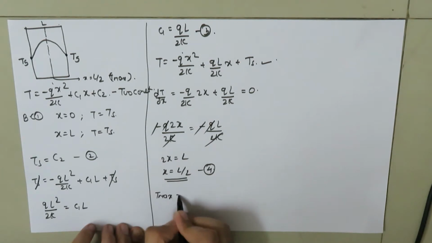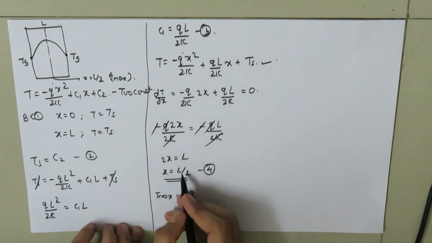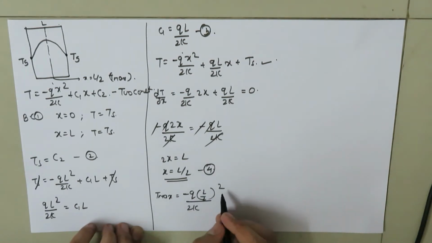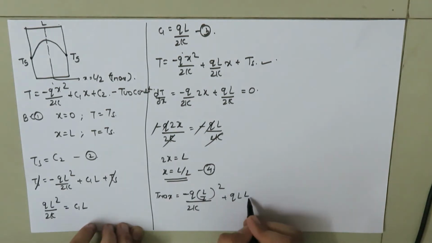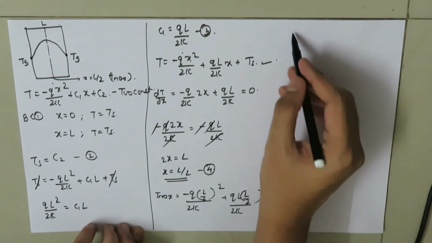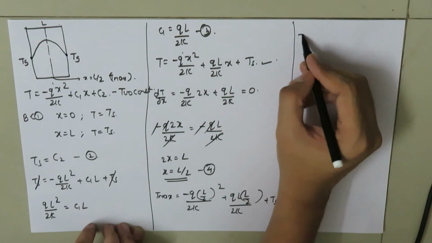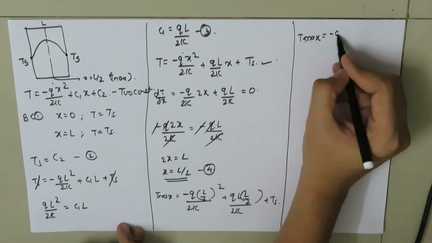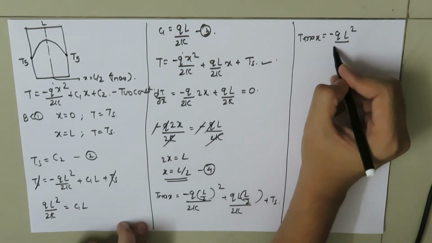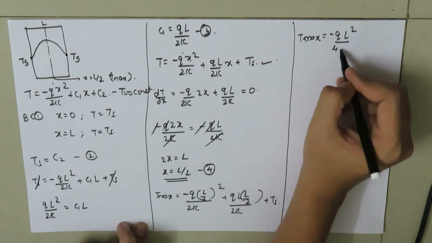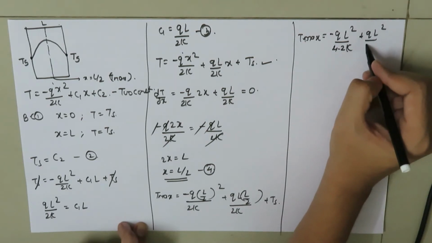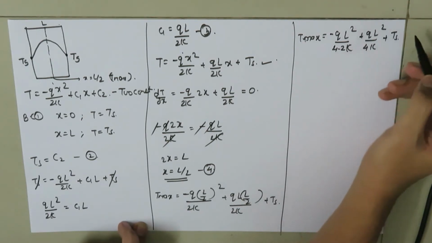So Tmax is equal to negative q times (L by 2) squared divided by 2 times k plus qL times (L by 2) divided by 2 times k plus Ts. So Tmax is equal to negative qL squared by 4 times 2 times k plus qL squared by 4k plus Ts.